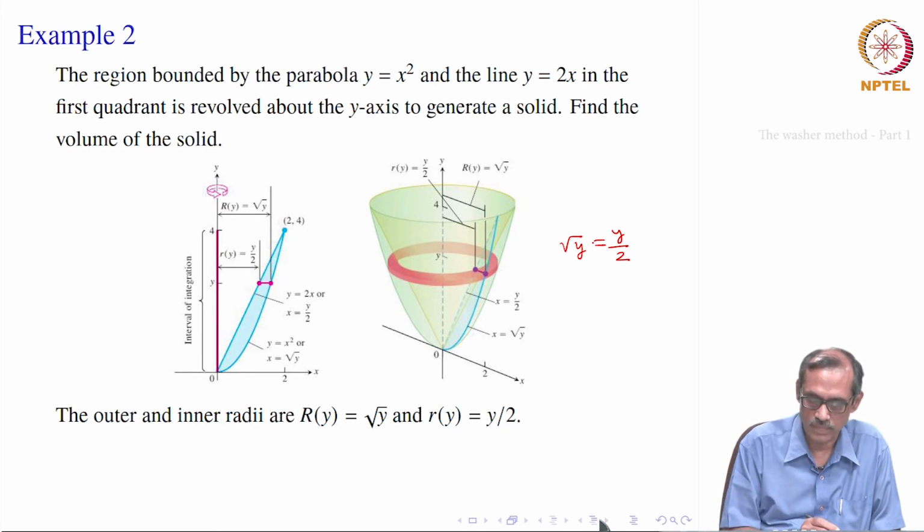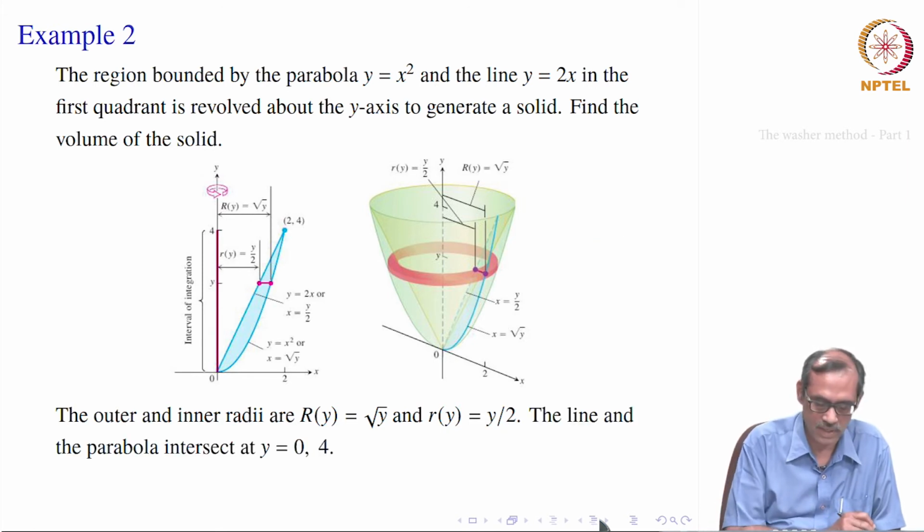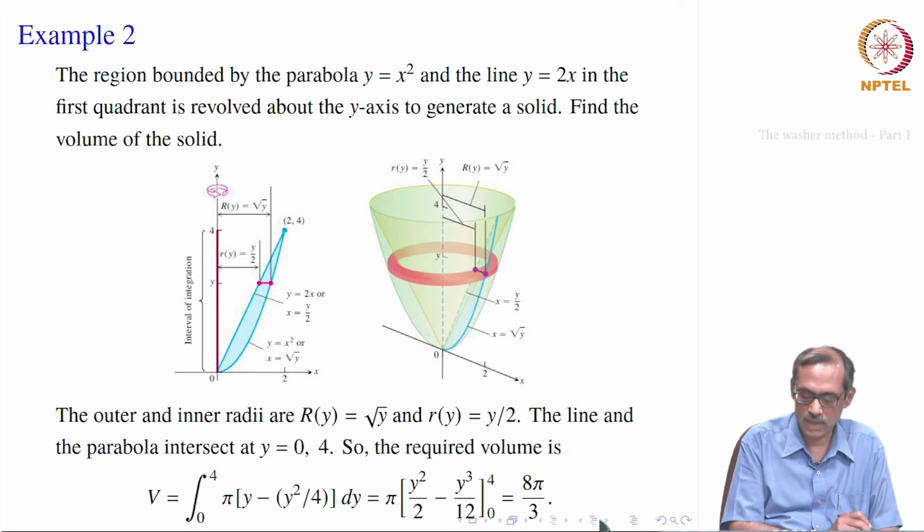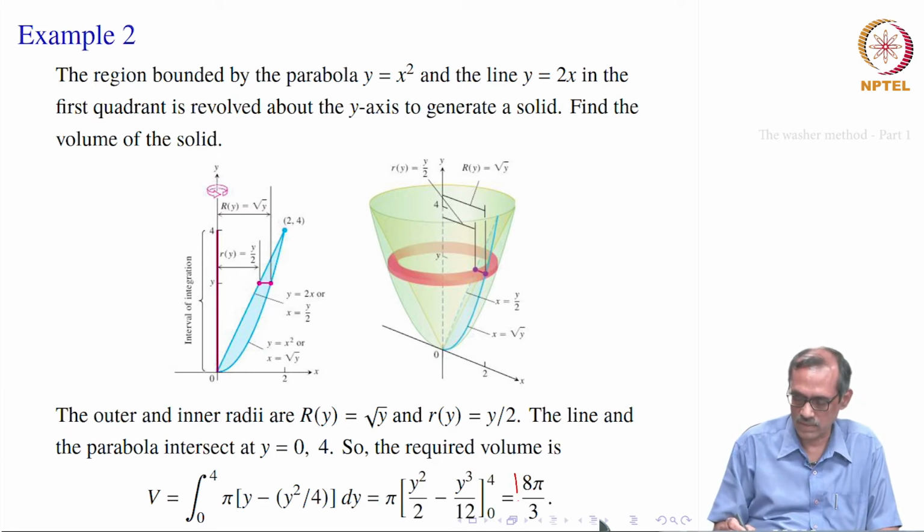So, y equal to 4. So, we have the limits as 0 and 4, fine. Then we have the volume which is 0 to 4 pi times outer radius which is root y square minus small radius which is y by 2 square. So, pi into y minus y square by 4 dy, and we simplify to get that it is equal to 8 pi by 3.